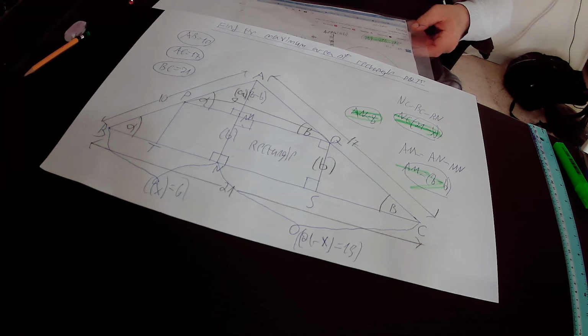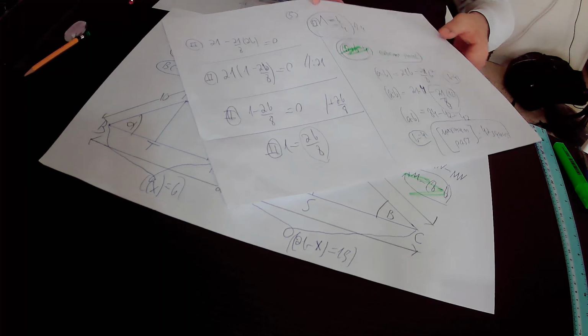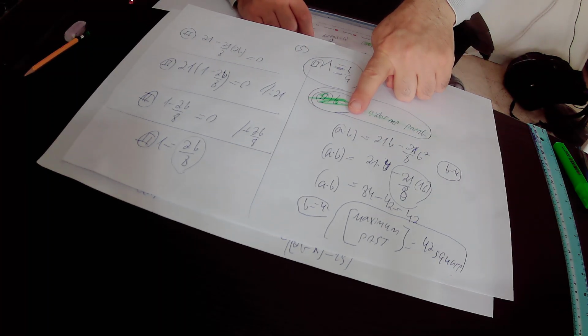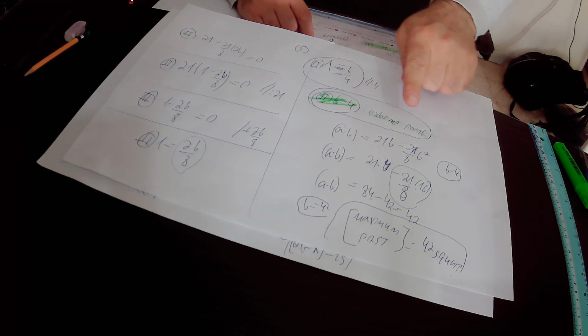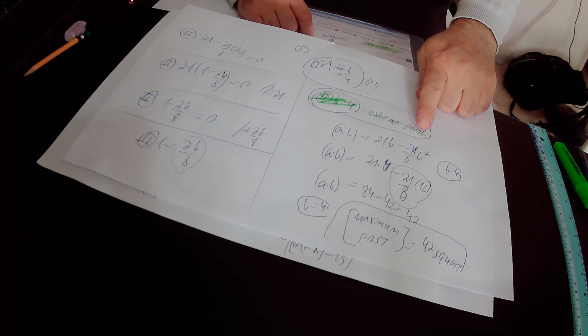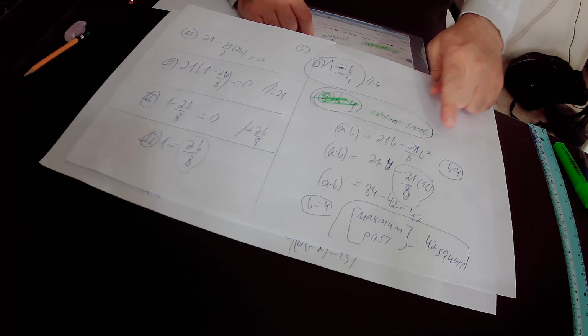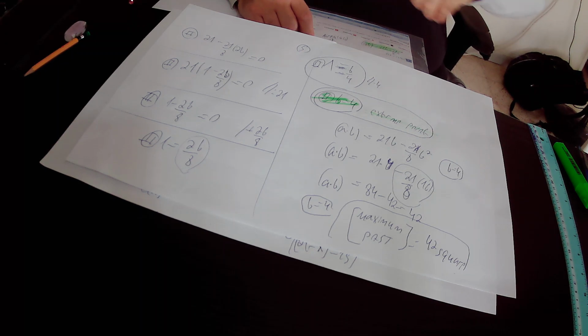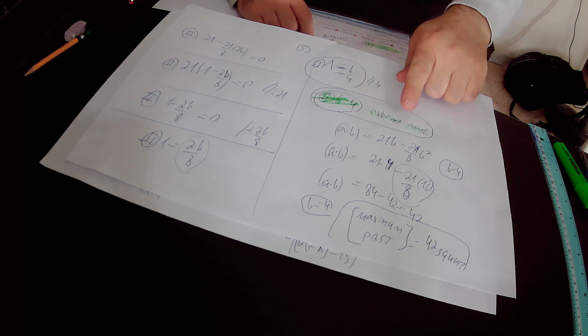Again, the function area is AB, that is the area of the rectangle PQST. It equals 21b minus 21 over 8 times b squared. So we substitute b by 4 because b is the maximum extreme point of this function area of rectangle PQST.